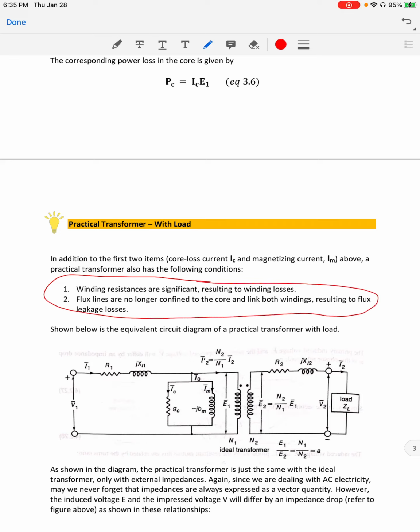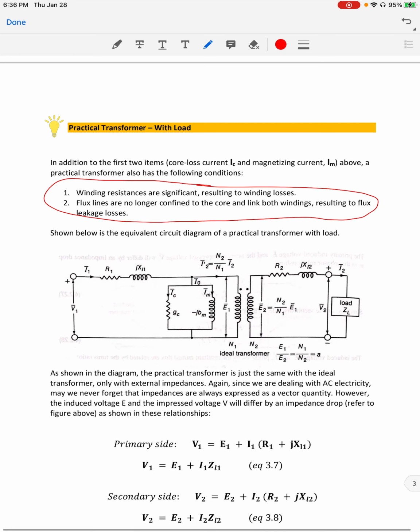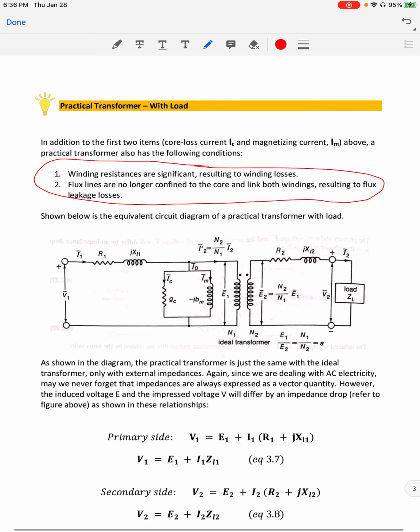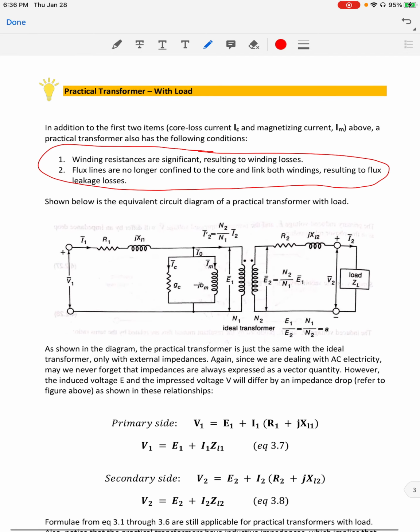Winding resistances are now significant, and the flux lines are no longer confined to the core and link both windings, resulting in flux leakage losses. The transformer is no longer loss free, because there is flux that does not follow the path, like strays, so we have flux leakage losses.